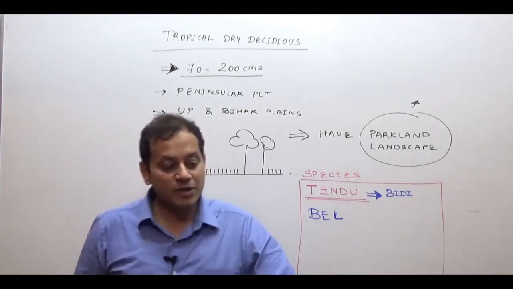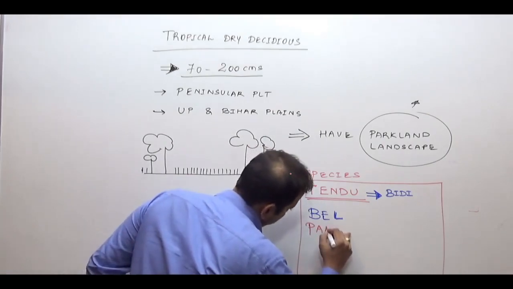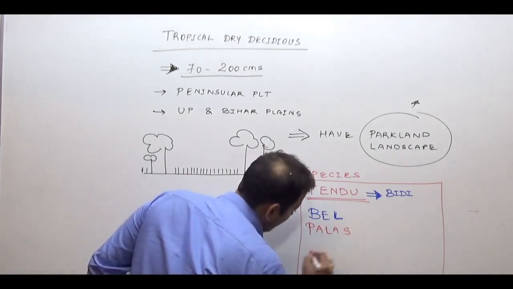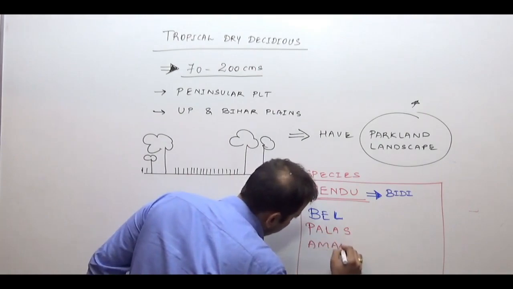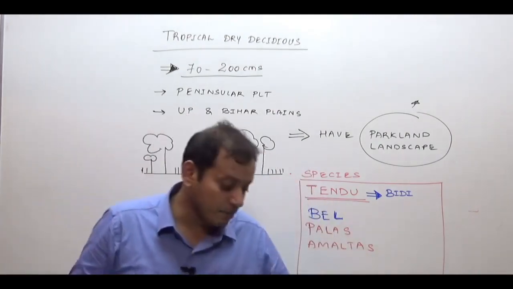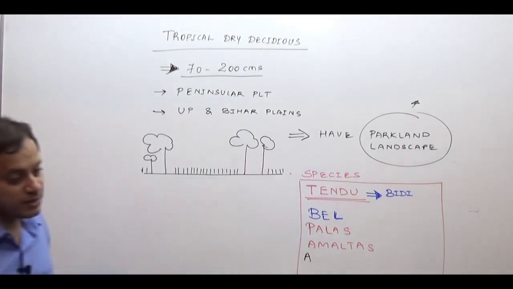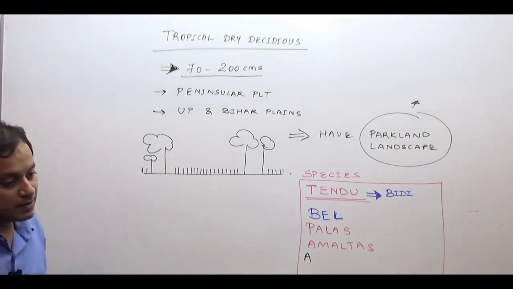The third important species here are palas and amaltas. The other important species here is axlewood.